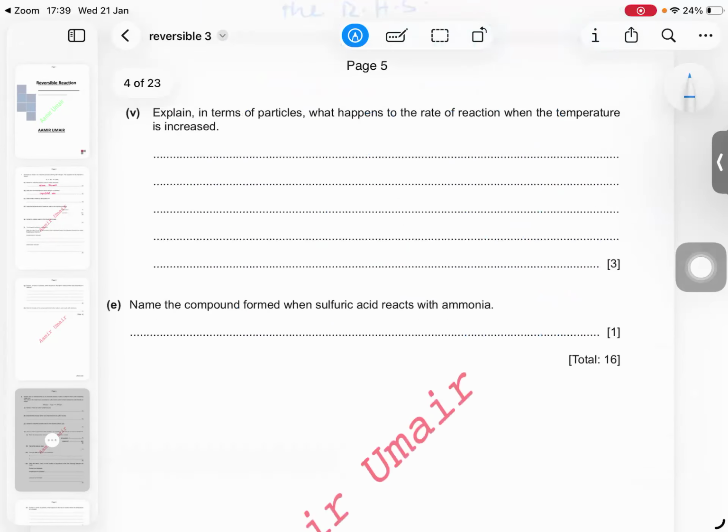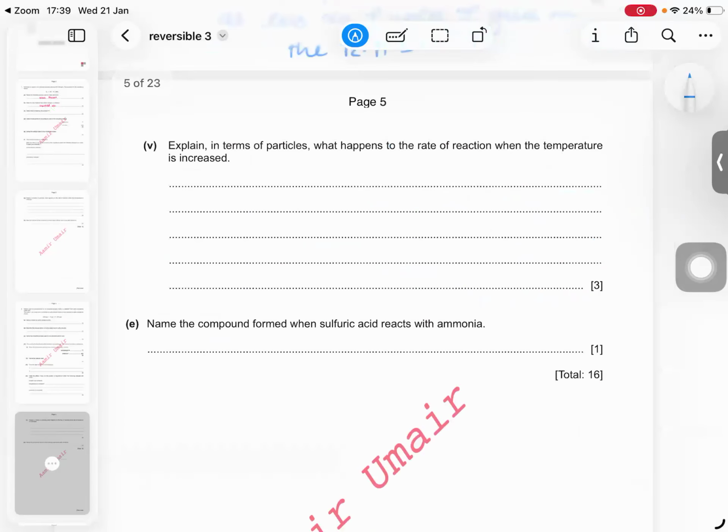Okay, next. Explain in terms of particles what happens to the rate of the reaction when temperature is increased. 30 seconds.